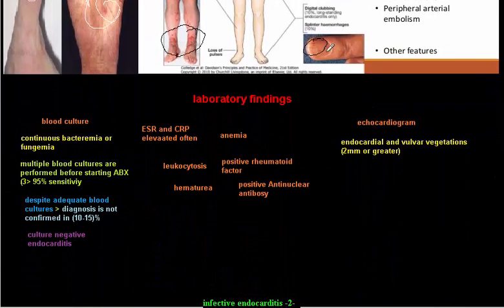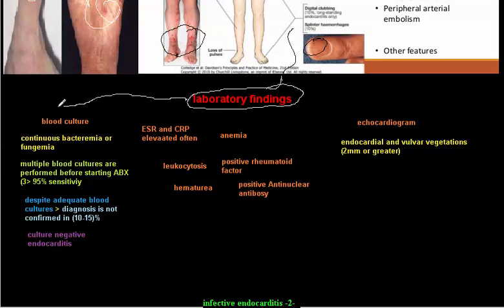After clinical manifestations, let's now move to the laboratory findings that we may find in infective endocarditis. The most important laboratory finding is the blood culture. So it's very important to have blood culture in infective endocarditis. Continuous bacteremia or fungemia, depending on the organism.